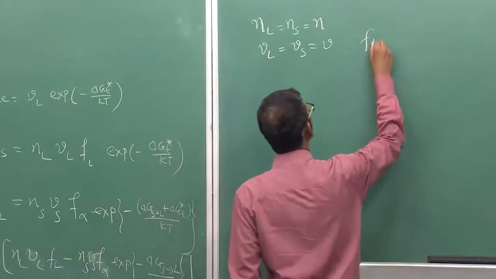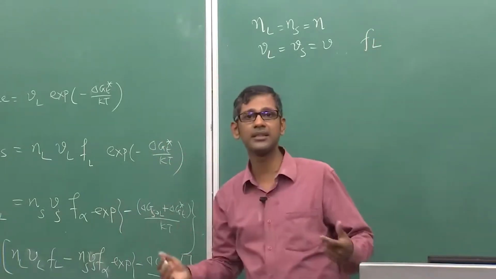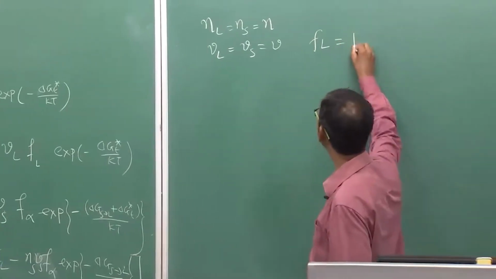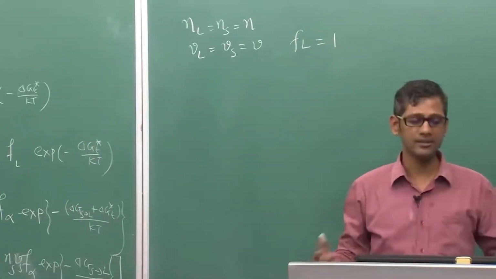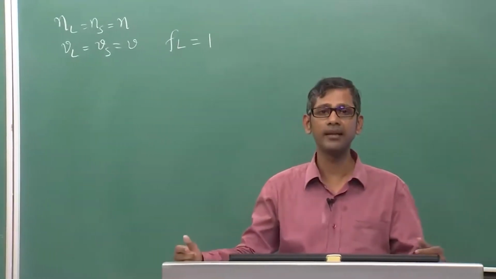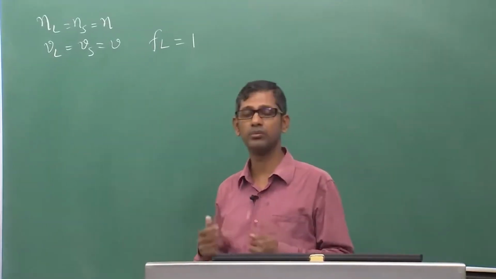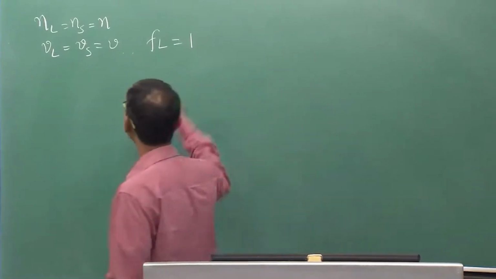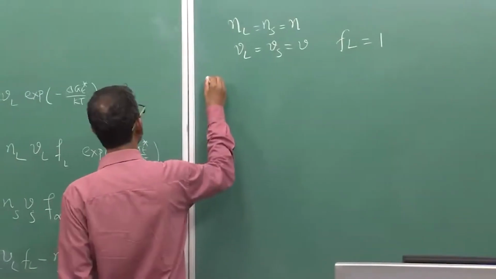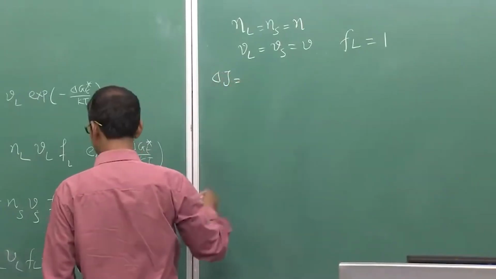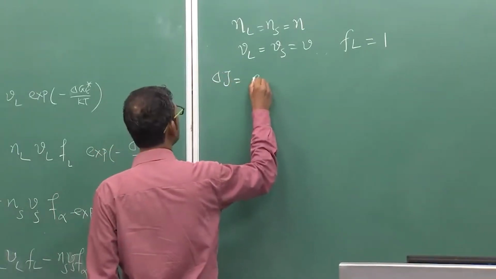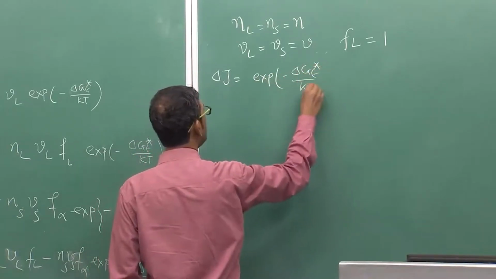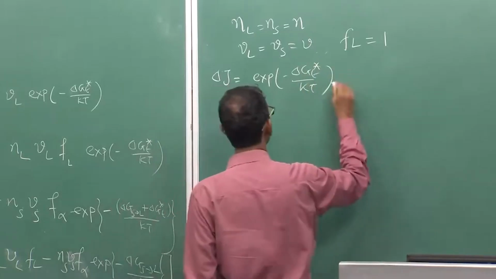And here one can also assume that FL, the fraction of the atoms in the liquid which are able to successfully jump, can be 1, because the liquid has higher energy, the temperature is higher, the vibration frequency is also higher, and the number of times they are able to make jumps is also higher. So therefore FL can be 1. So if I then write down, delta J can be equal to exponential minus delta G T star by KT multiplied by these factors.